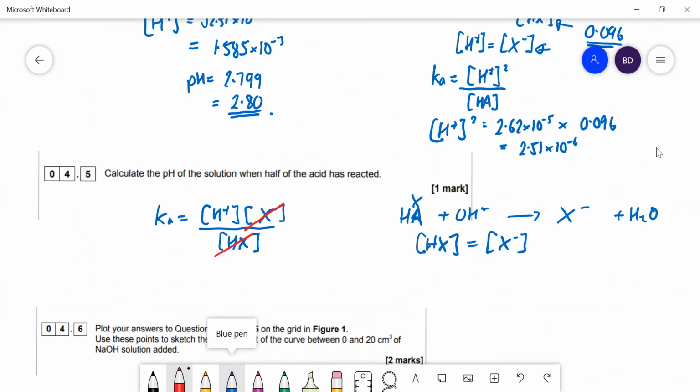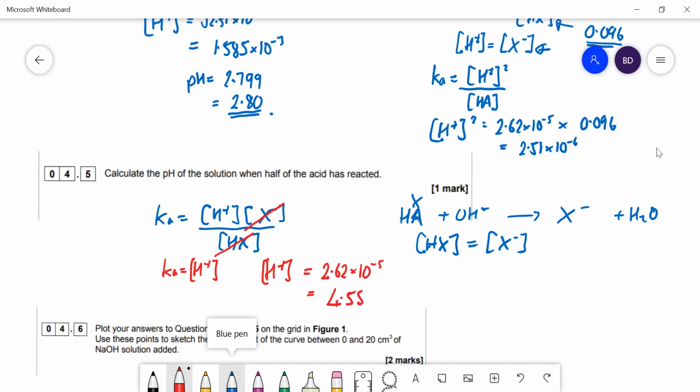When they're equal to each other, they cancel out of that expression. So Ka at the half equivalence point is equal to the H plus concentration. We know Ka because they told us it was 2.62 times 10 to the minus 5. So take minus log of that, and we get 4.58.